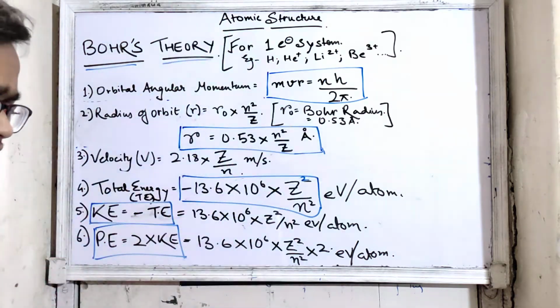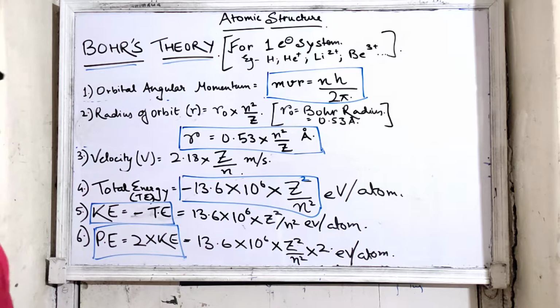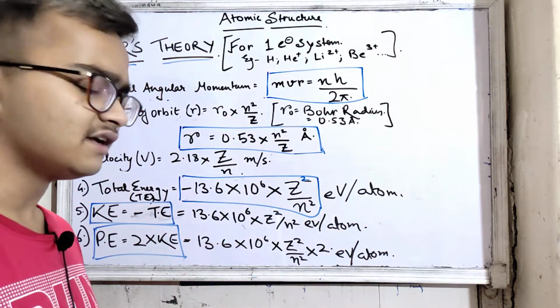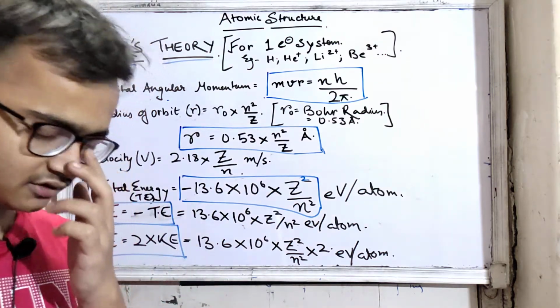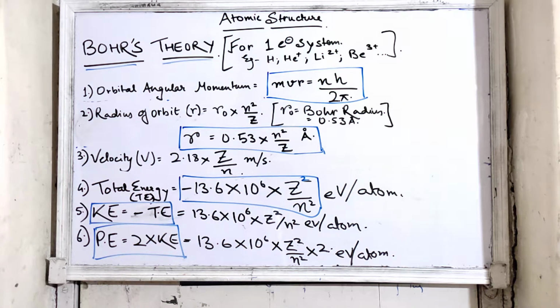Next I will move to the formula for ionization enthalpy and the binding energy and excitation energy. So copy it up to this much, then I'll come. Copy it.